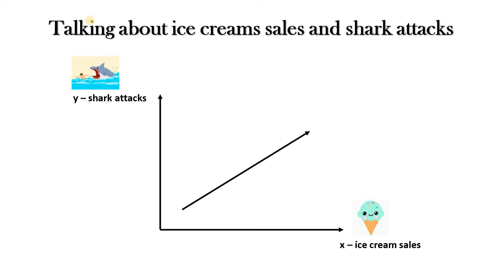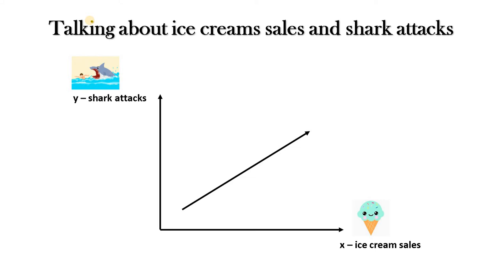So you have as the X variable ice cream sales, and as the Y variable shark attacks. It is most likely that you are going to find a positive relationship if you run a linear regression model.